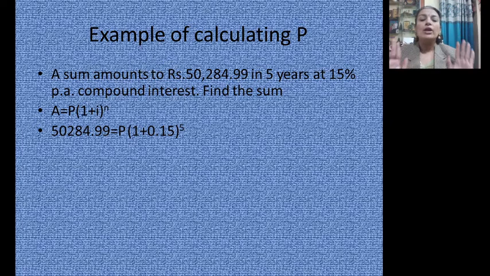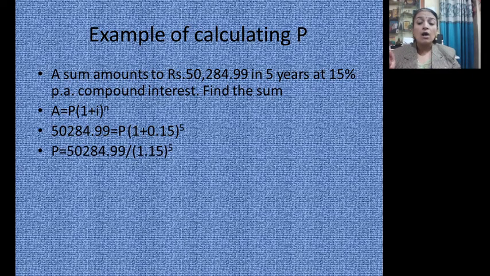That is 5. So our formula is ready now. Then go. Now this P, what is there with the P? Within the bracket 1.15. That has to be taken to the other side. What is there on the other side?